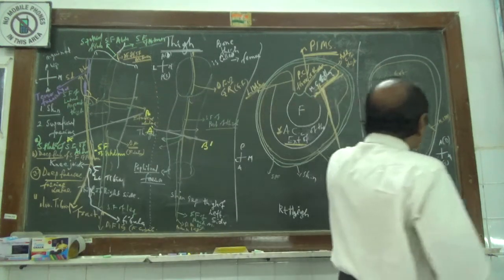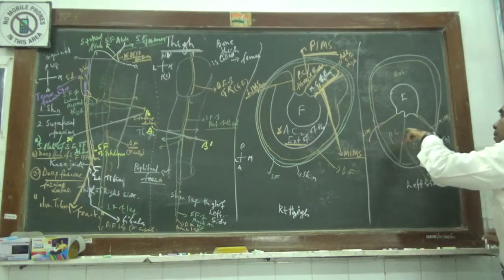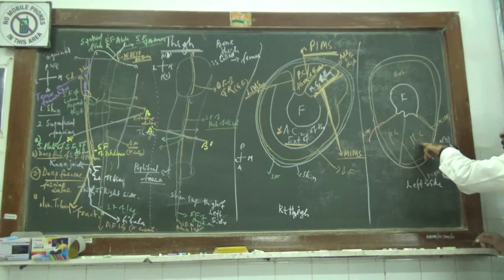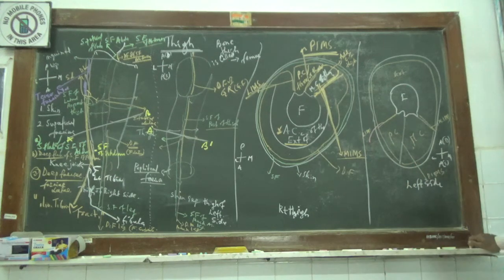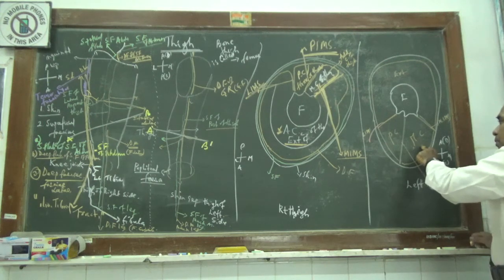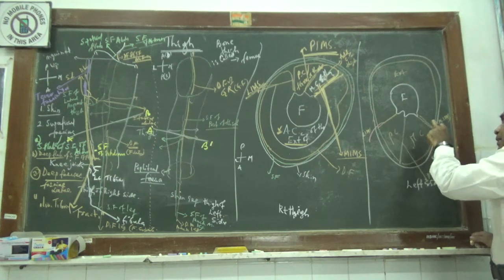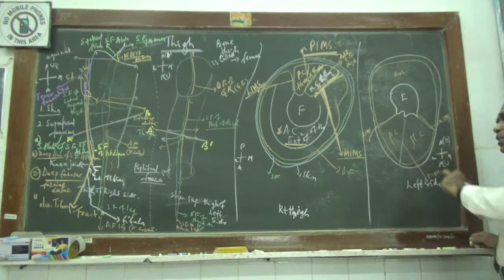Now the question is, the muscles which will be there in the medial compartment here will all be adductors of the thigh. They do adduction, or medial rotation, and they are present at the medial aspect of the thigh.